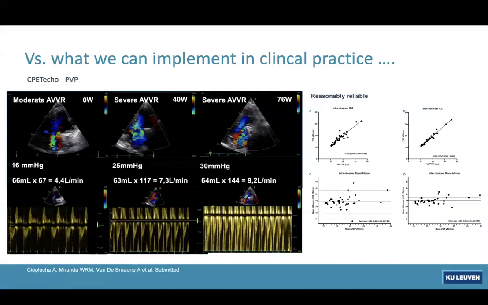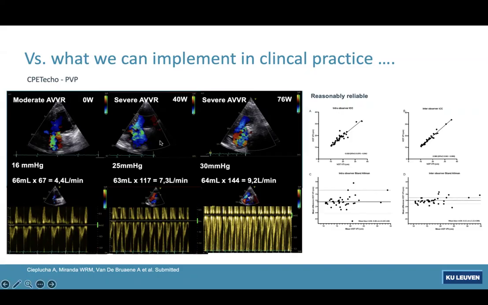So what we started doing was exercising the patients and looking at the echoes during exercise as well. We have gas exchange, the ECG, and the echo, plus a peripheral venous pressure measurement, giving us information on Fontan pressures at rest and during exercise.